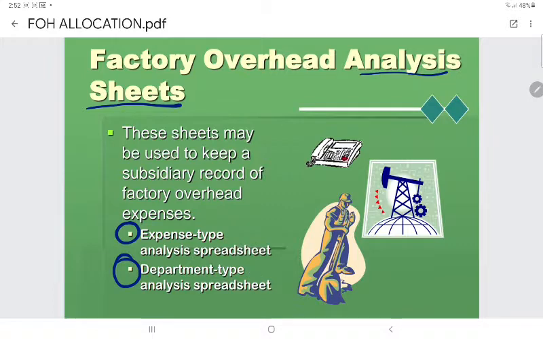No? Ito naman kasi, although pareha silang cause and effect, no? But the issue here is we look at the nature of the expense, no? Rather than who is the unit that would actually be directly involved with the incurred costs.